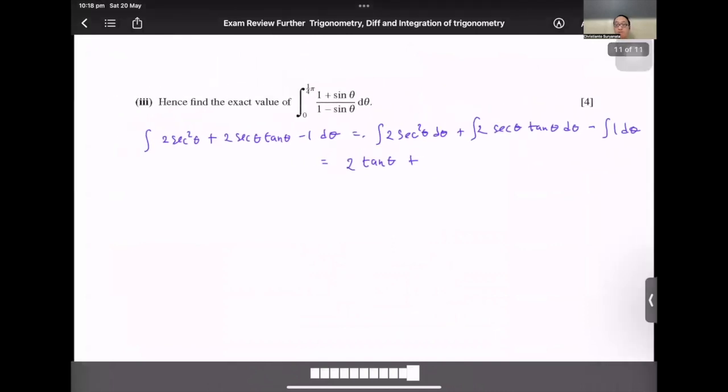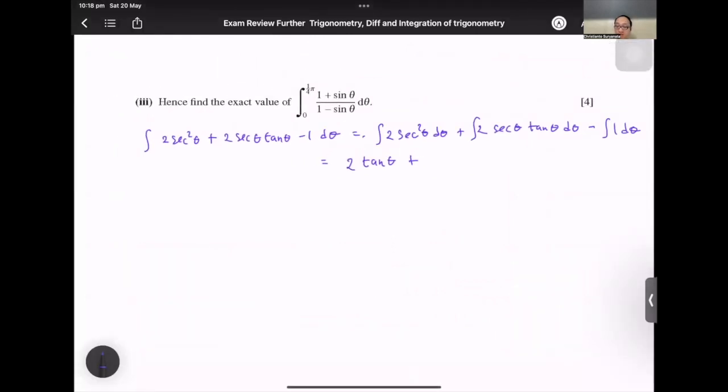So we can put here 2 times 1 over cos theta, minus integral 1 is theta, and then put the limits 0 to 1 over 4 pi for theta.